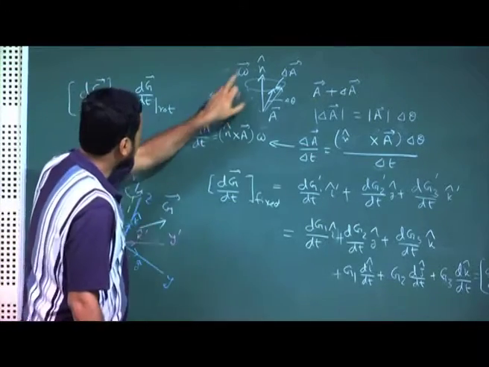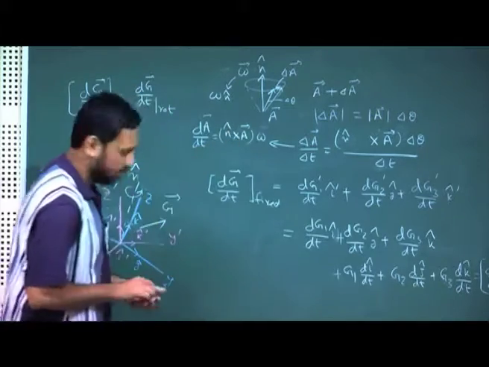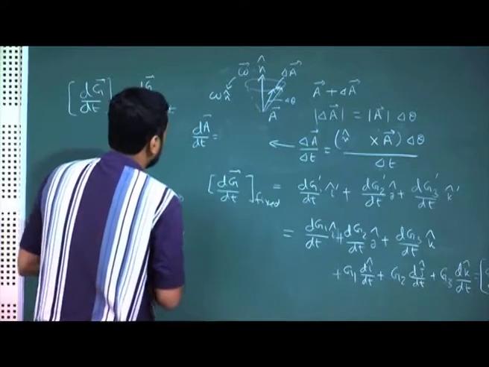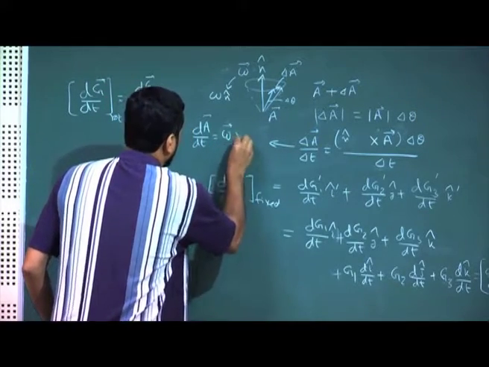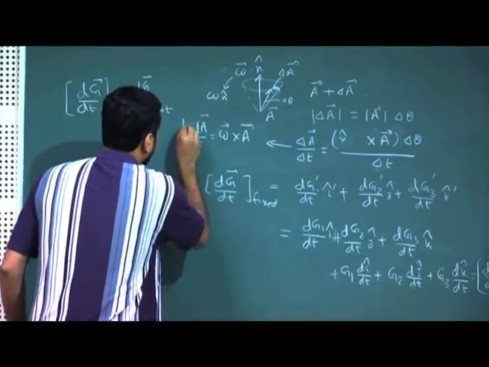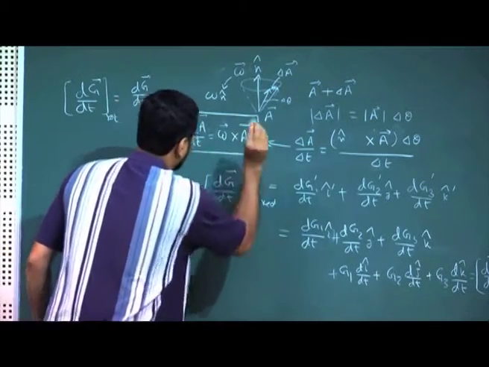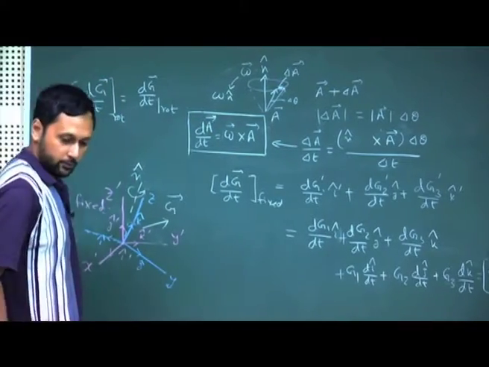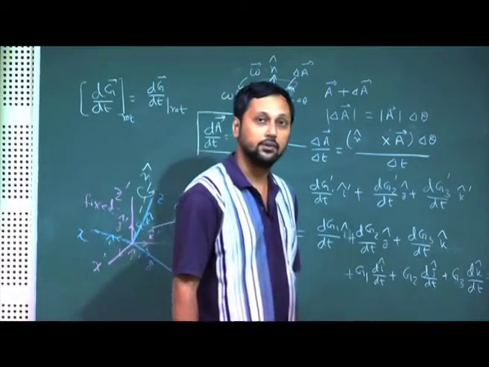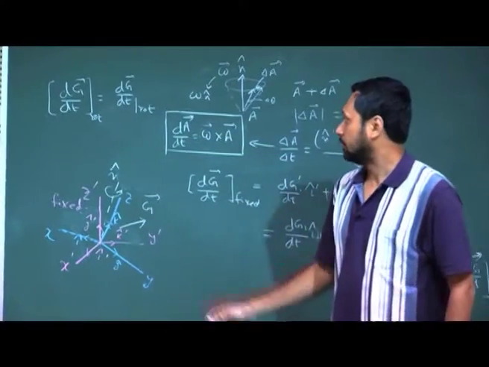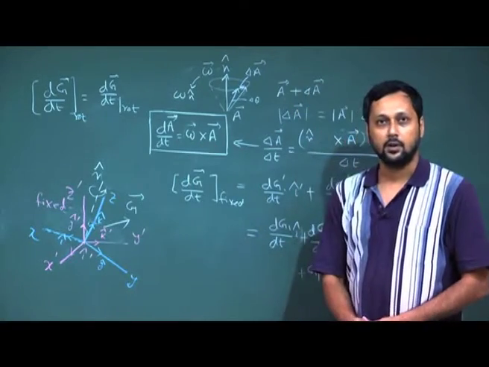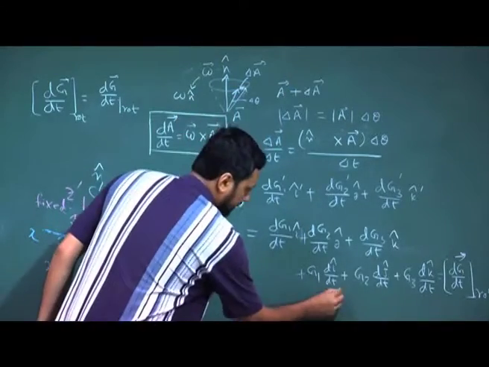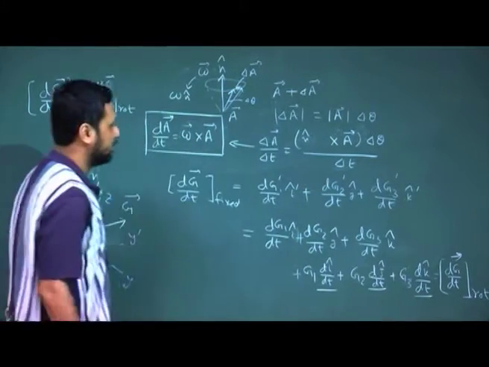So, we can write dA/dt equal to omega cross A. This is a very important relation. The result says that for pure rotational motion around a fixed axis, the time derivative can be represented by omega cross A, right. Now, we use this result for these three time derivatives.